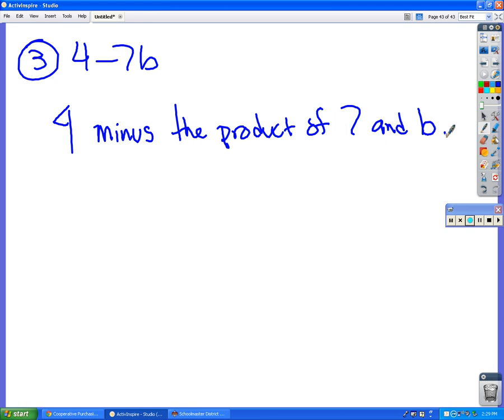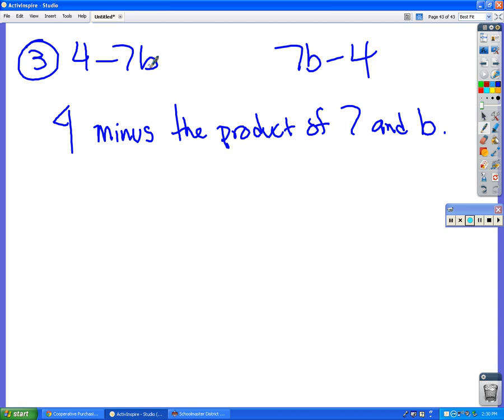Okay? Now, the reason why I didn't want to take Matthew's suggestion to say less than is because if you say less than, then that actually means 7b take away 4, which is different than 4 take away 7b. Let's say that b is 1. What do you get? 7.